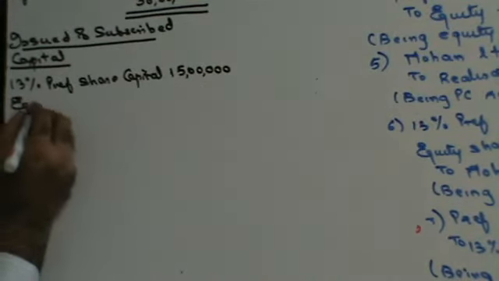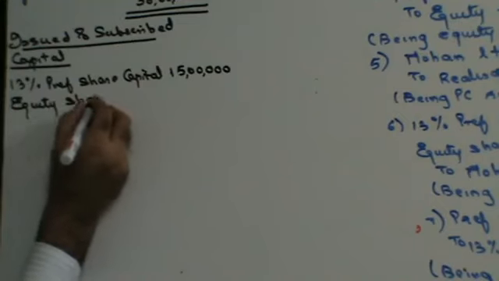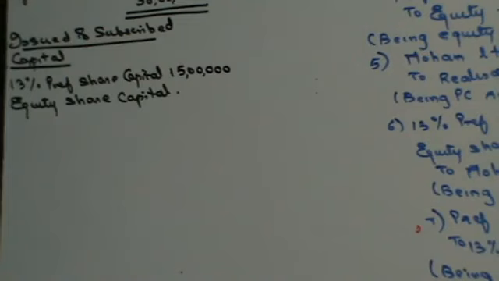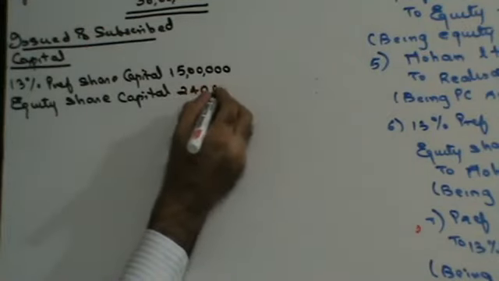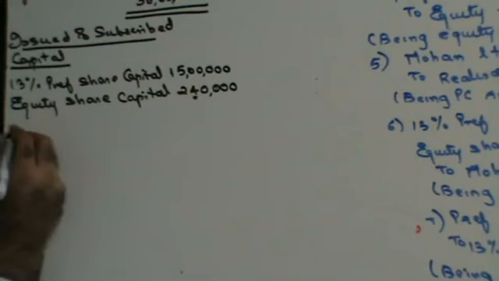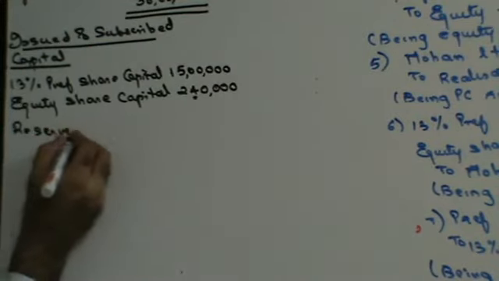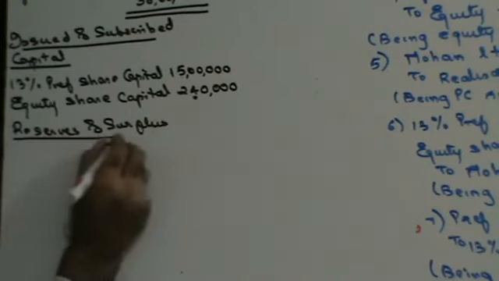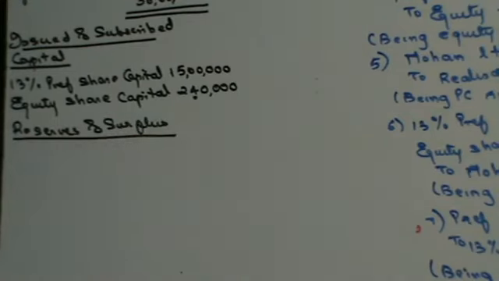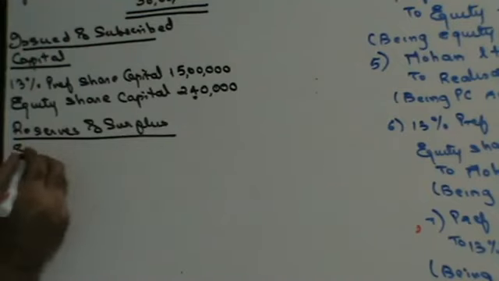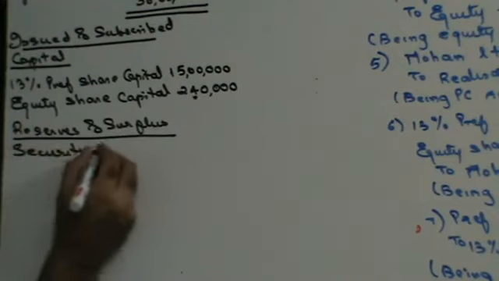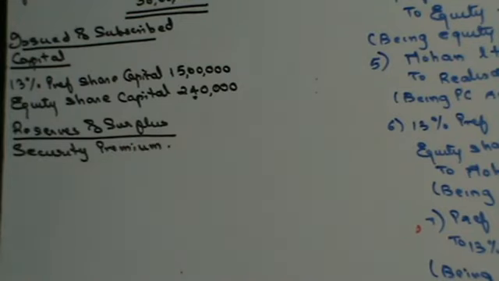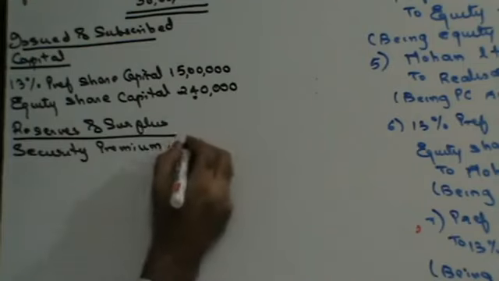Then you have equity share capital, which is 2,40,000. Then you have reserves and surplus. In reserves and surplus, you are going to have security premium, which is 9,75,000.